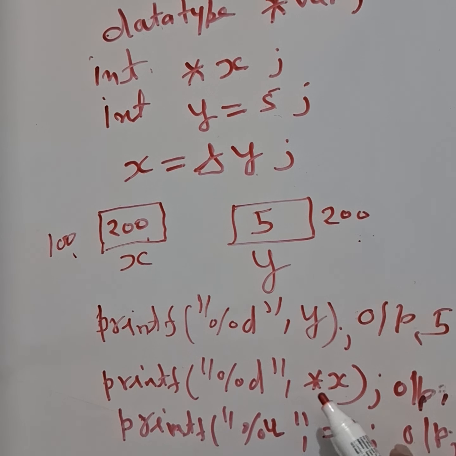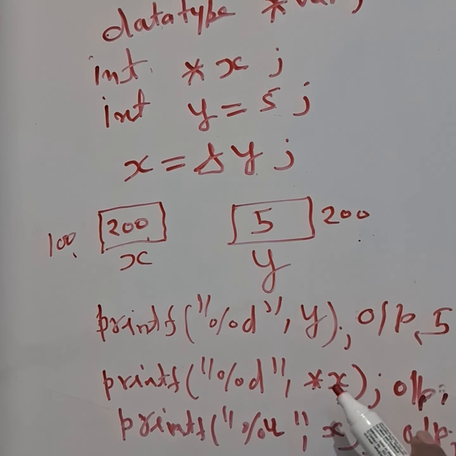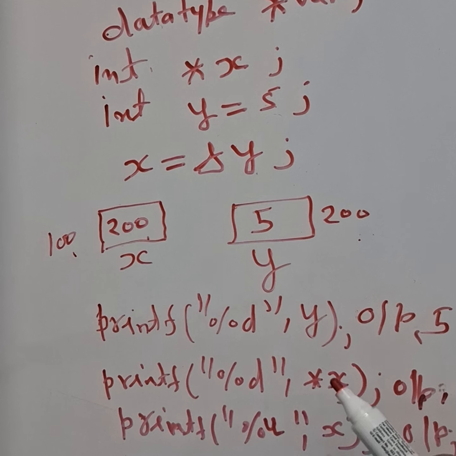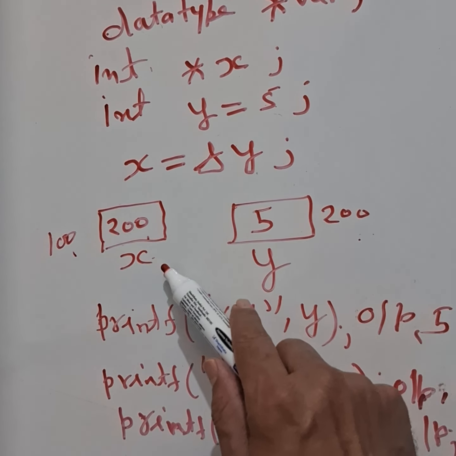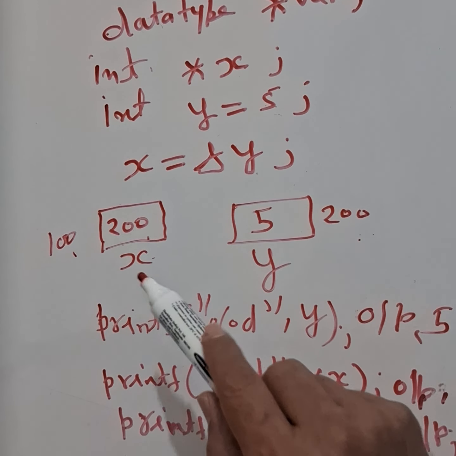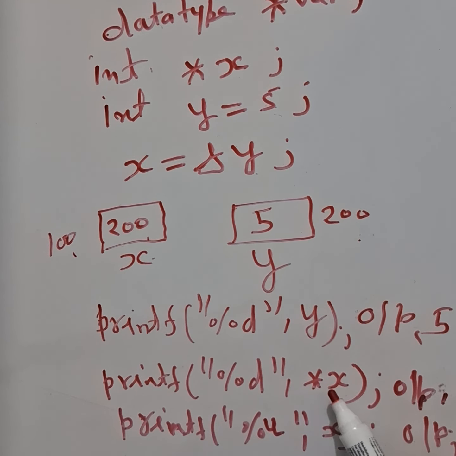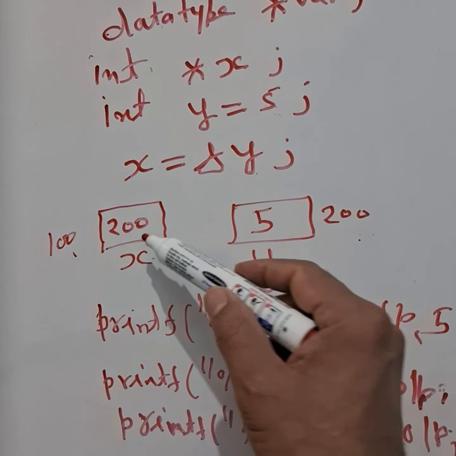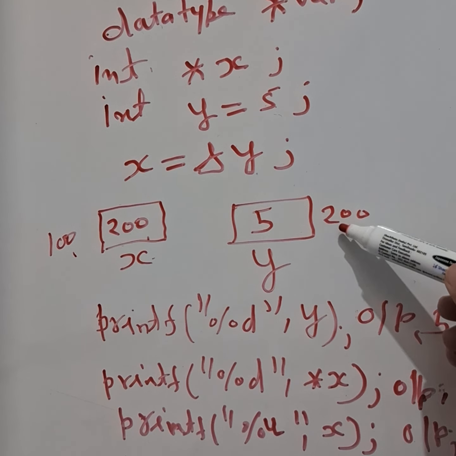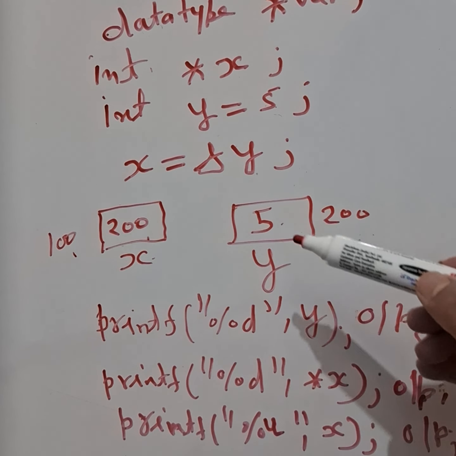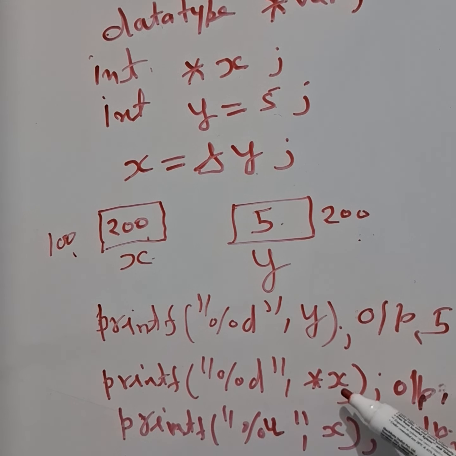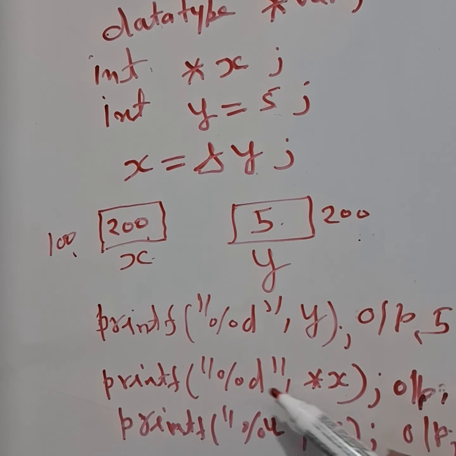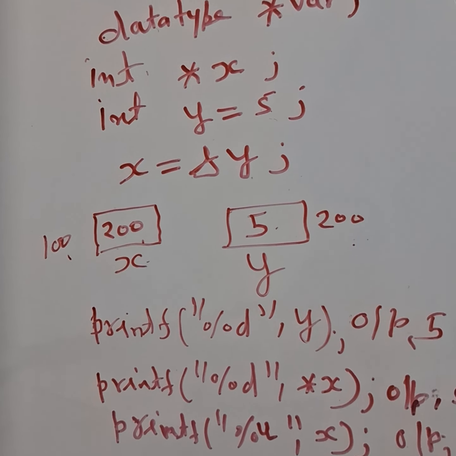What does asterisk mean here? Here we are dereferencing the variable x, and the variable x holds the memory location of y. The meaning of asterisk x is the value at whatever the value of x is, so that means the value at 200. The value at memory location 200 is 5. So the output for this statement, percentage d asterisk x, will again be the same, that is 5.